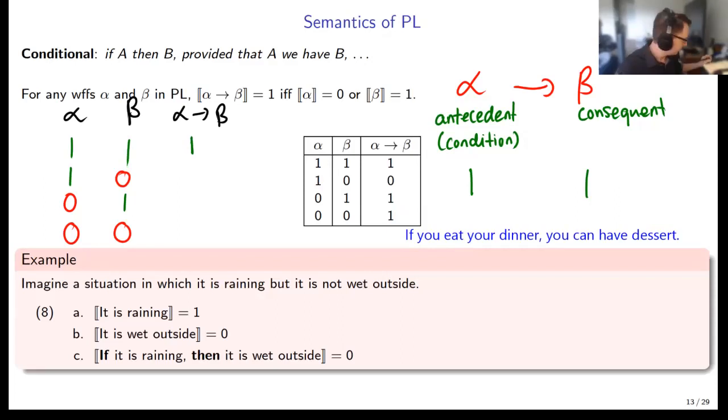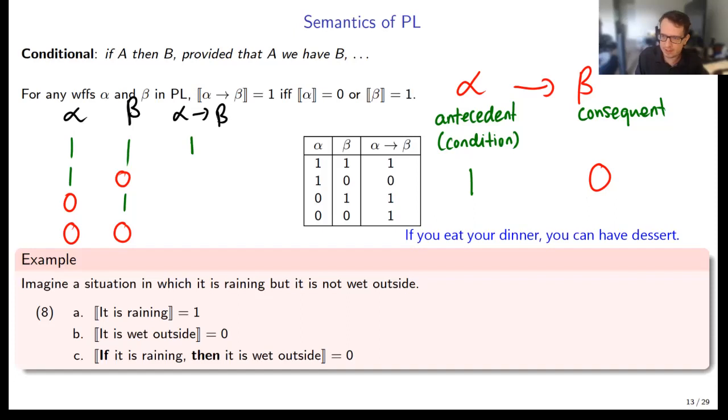But imagine you ate your dinner and then suddenly your parents say that you can no longer have dessert. They told you originally, if you eat your dinner, you can have dessert. You ate your dinner, but suddenly you can no longer have your dessert. This is problematic because essentially your parents have lied to you.